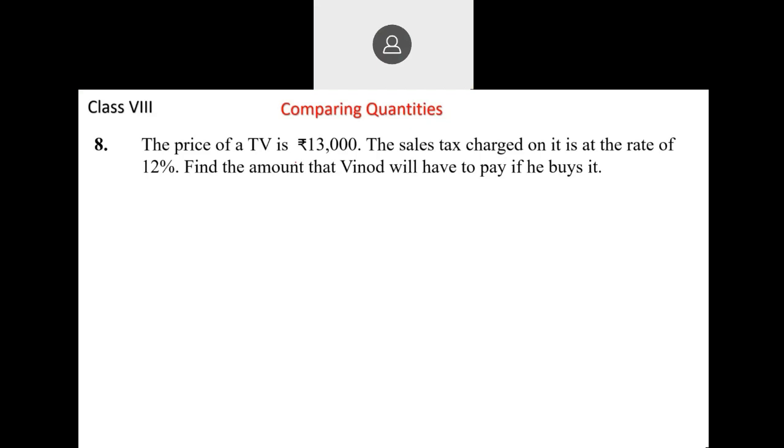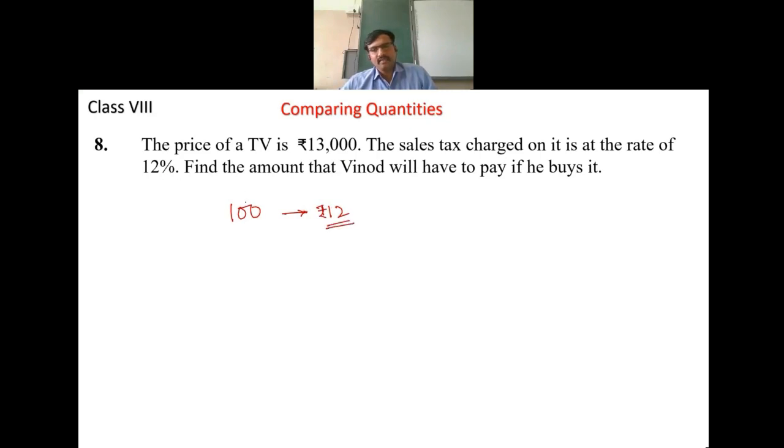So how do we solve? 12% should be added to 13,000. So 112 upon 100 into 13,000 is the amount. I'll just tell you the logic here. Suppose if 100 rupees is the cost, the person has to pay 12% extra, so it becomes 112. 12% means rupees 12 is extra paid on this particular item.